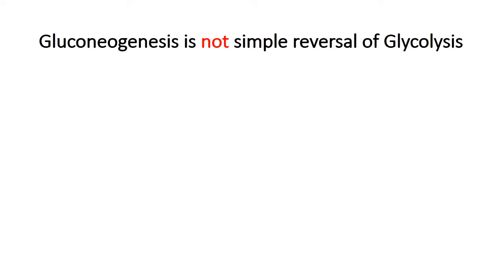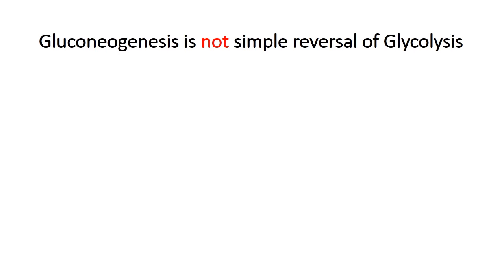Gluconeogenesis is not a simple reversal of glycolysis. Why so? Because the formation of glucose does not occur by a simple reversal of glycolysis, because energetically the equilibrium of glycolysis is strongly favored, that is, it is more inclined towards the conversion of glucose to pyruvate.